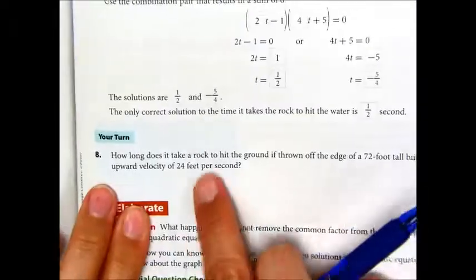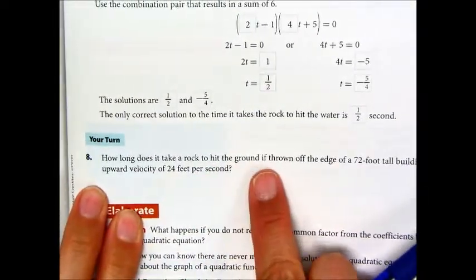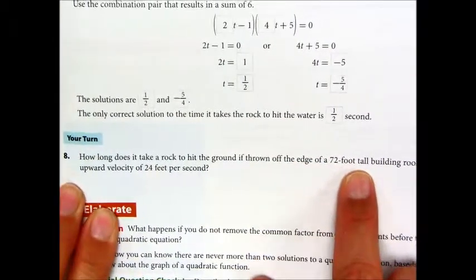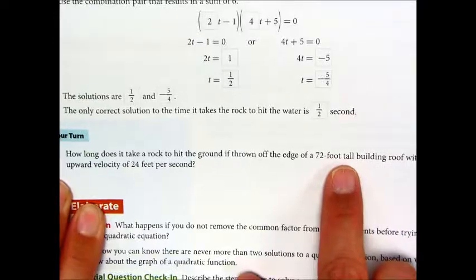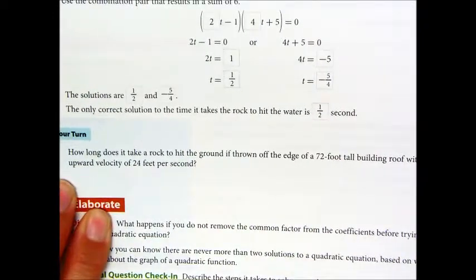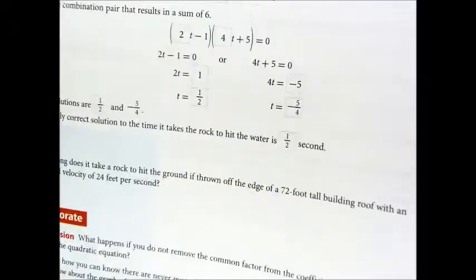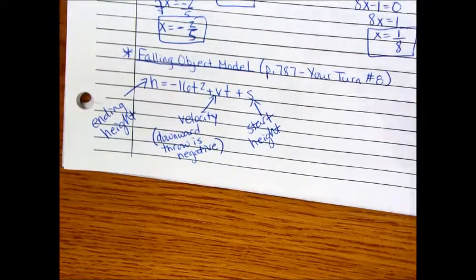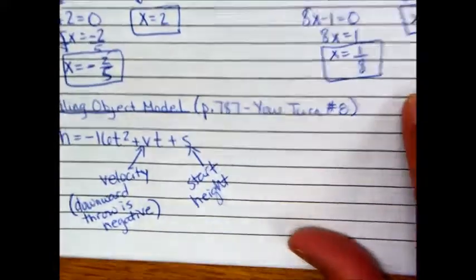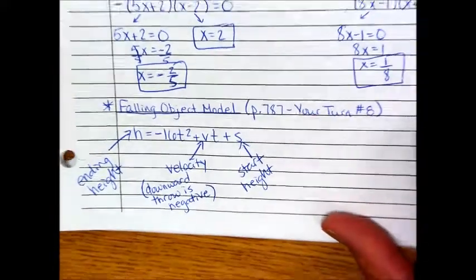Okay, it says, how long does it take a rock to hit the ground if thrown off the edge of a 72-foot tall building with an upward velocity of 24 feet per second? Okay, so let's put that into where it belongs on this problem. So it says how long does it take the rock to hit the ground?